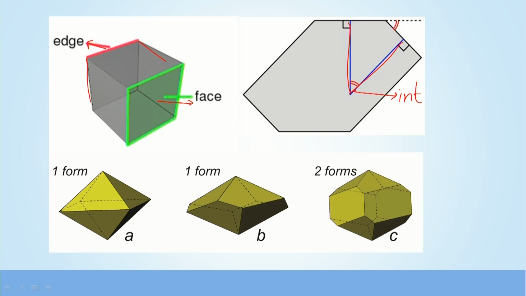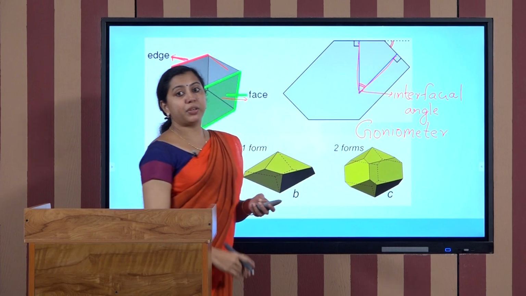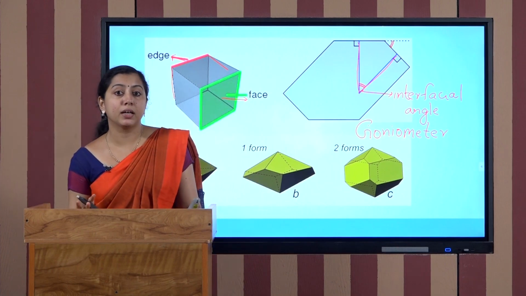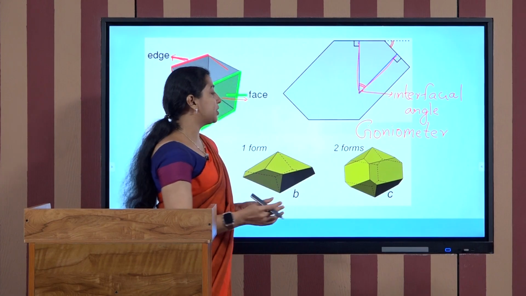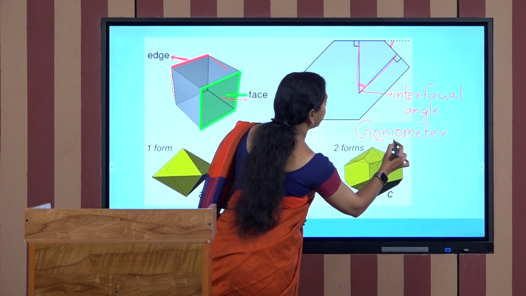And this interfacial angle can be measured by an instrument called goniometer. Interfacial angle is the angle between two adjacent faces which can be measured using goniometer.